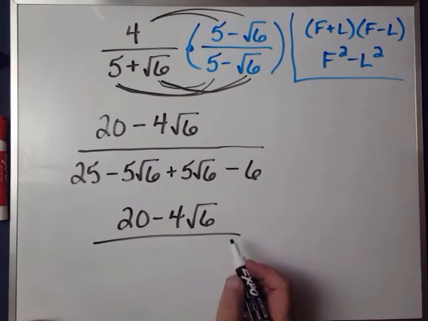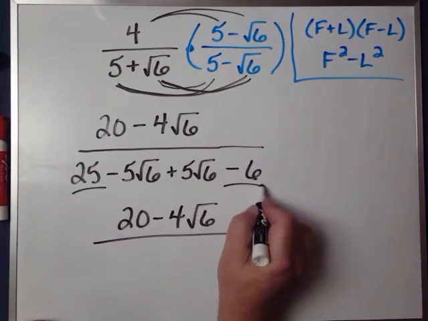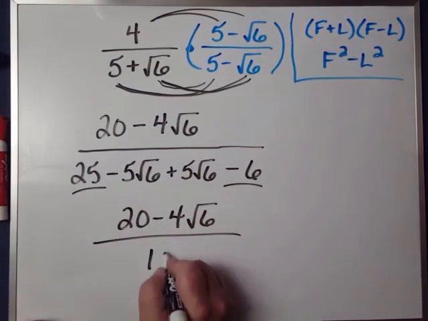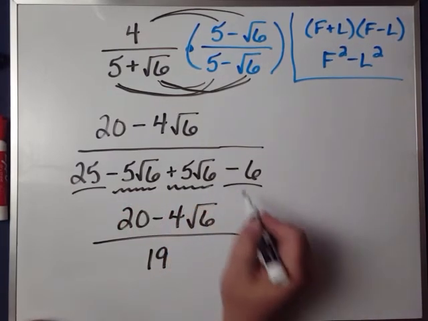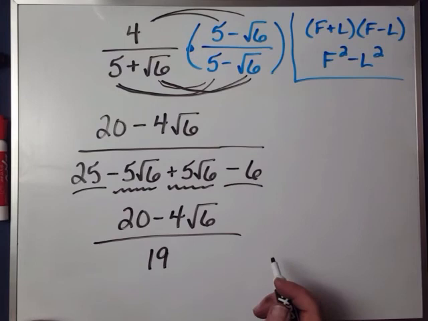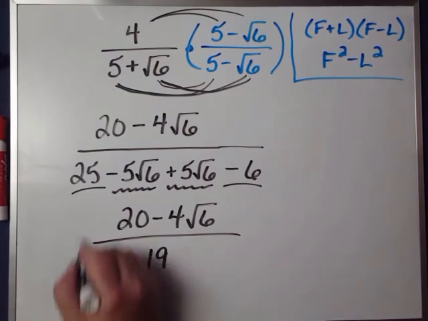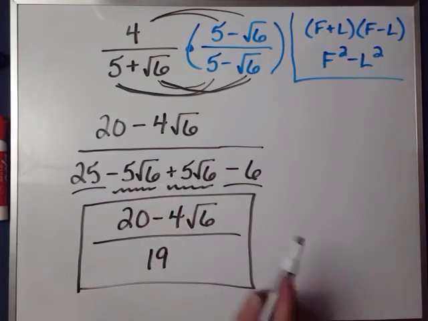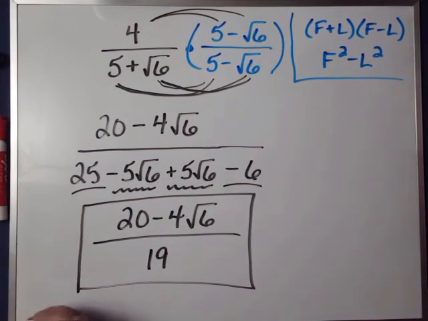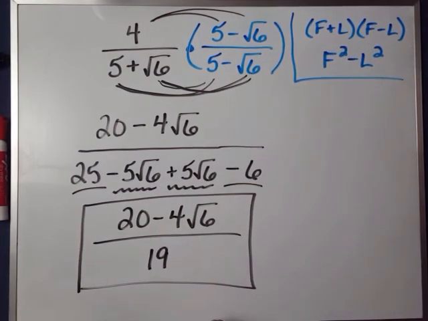In the bottom, we combine like terms. 25 minus 6 is 19. Minus 5 square roots of 6 plus 5 square roots of 6, they subtract out. And notice that my denominator then has no square root, which was our goal in rationalizing these denominators.